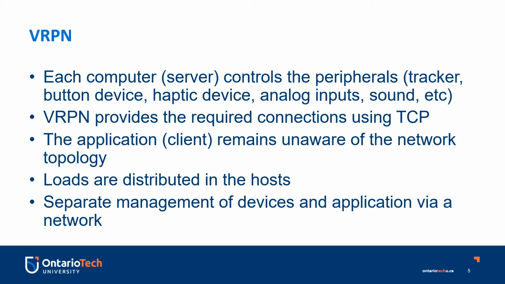In VRPN, each computer controls a defined number of peripherals and handles all the connection across the network using TCP/IP. The client doesn't need to know how the network is or where the servers are located. So this helps to distribute the load across all the hosts.